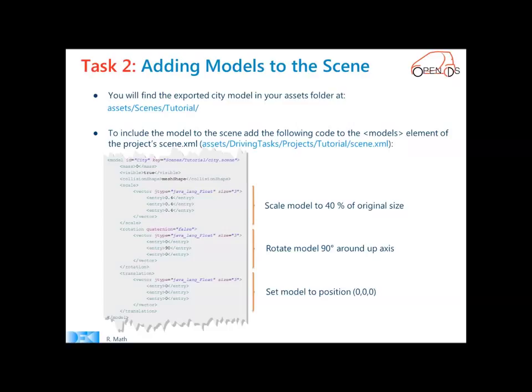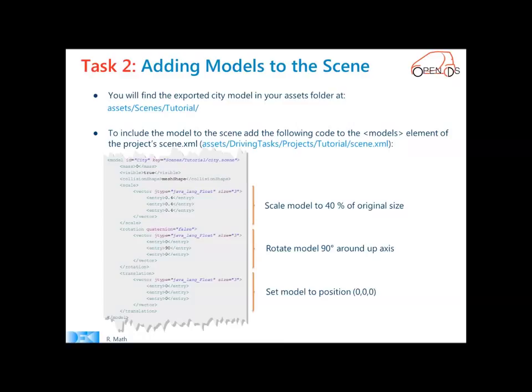Okay, now I created this scene, and here's our second task where the action from your side comes in again. We want now to add this model I just converted to our empty scene. So what we have to do is to add the following code that you can find in this slide.